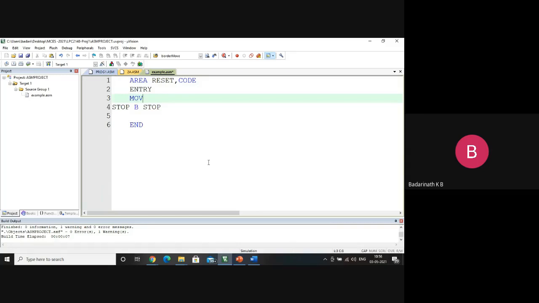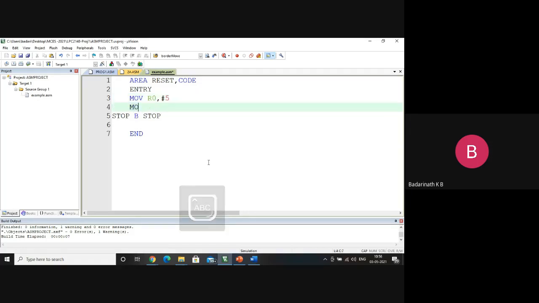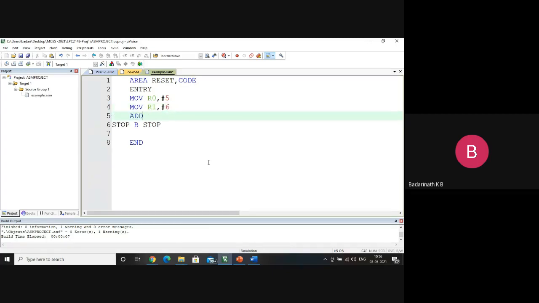MOV R0, #5, MOV R1, #6. Now I'm going to add the numbers: ADD R2, R1, R0. Let's say this is the program I am adding.